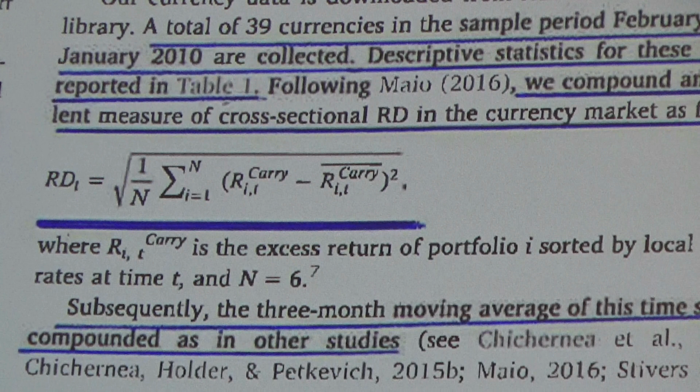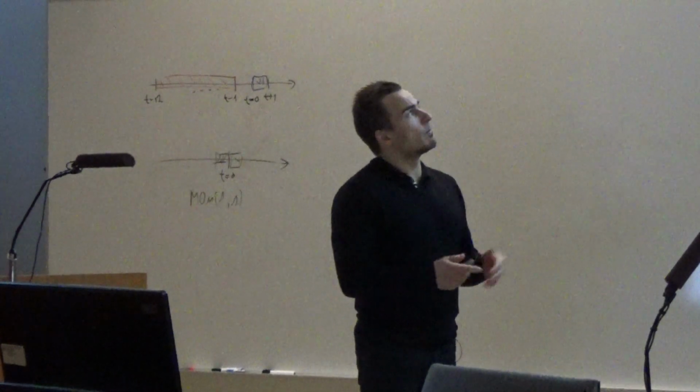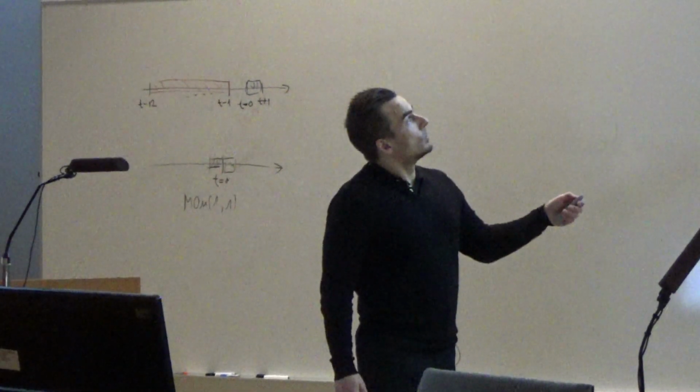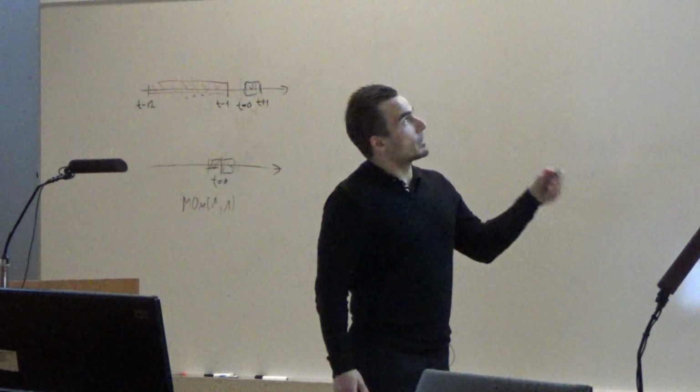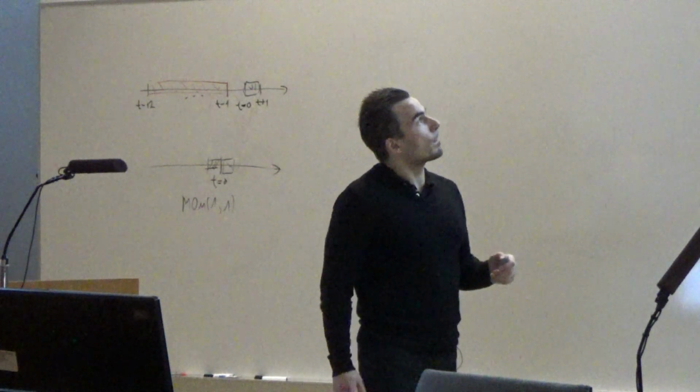So there are different ways to estimate the cross-sectional return dispersion. Some papers argue it's better to use portfolios because the process is a little bit smoother. Other papers say no, we need the entire set of assets, and they use the whole universe of assets. So there are different papers. We decided to use portfolios sorted by carry.